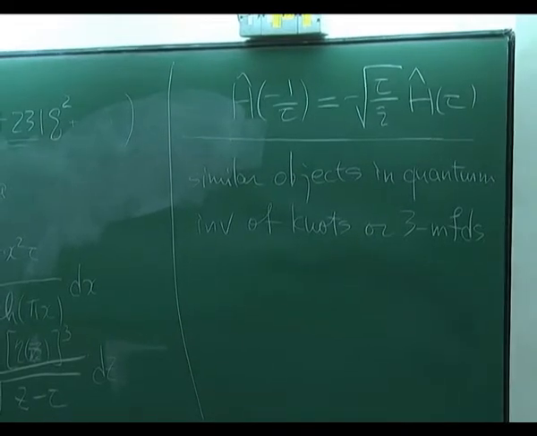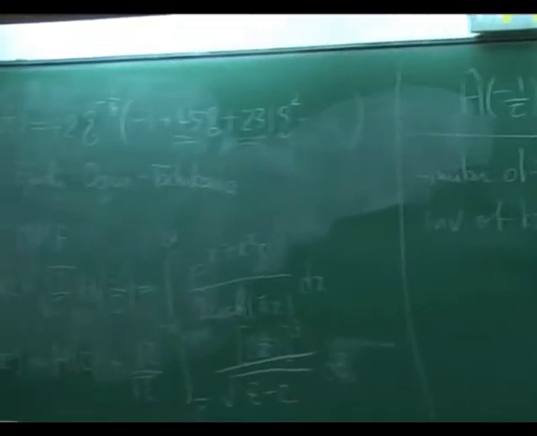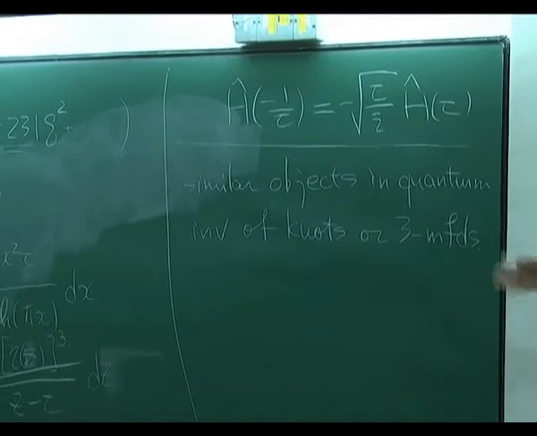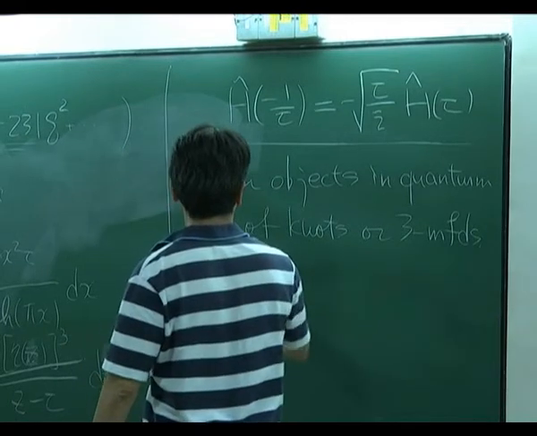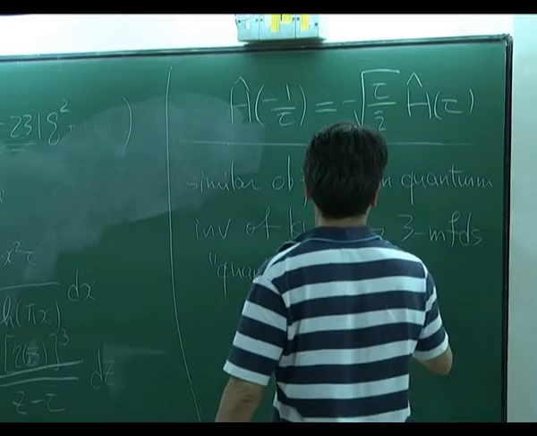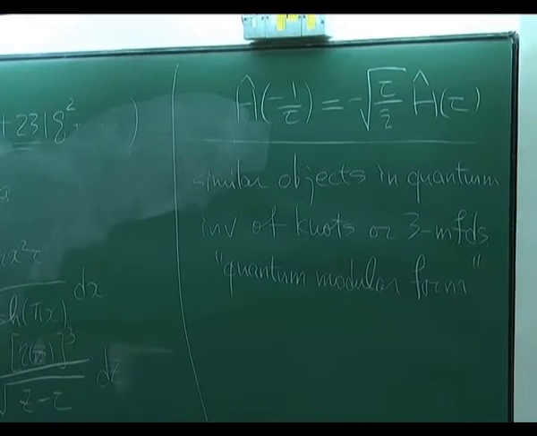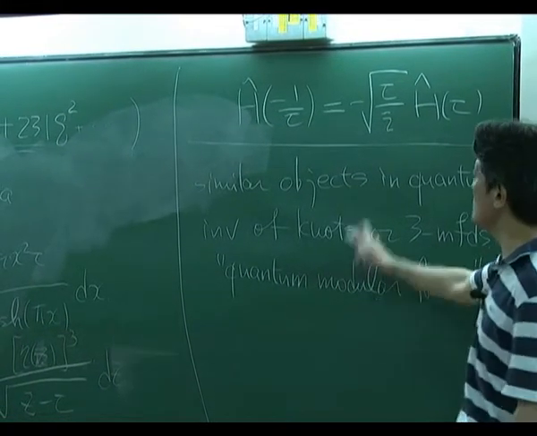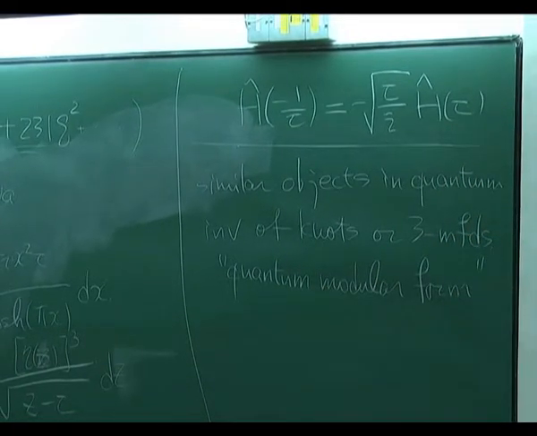So in this context, this is called mock modular form, but recently Zagier defined another terminology. He defined a quantum modular form. Here, quantum does not mean that the argument is non-commutative, but this is closely related to quantum invariants. So Zagier called it quantum modular form.